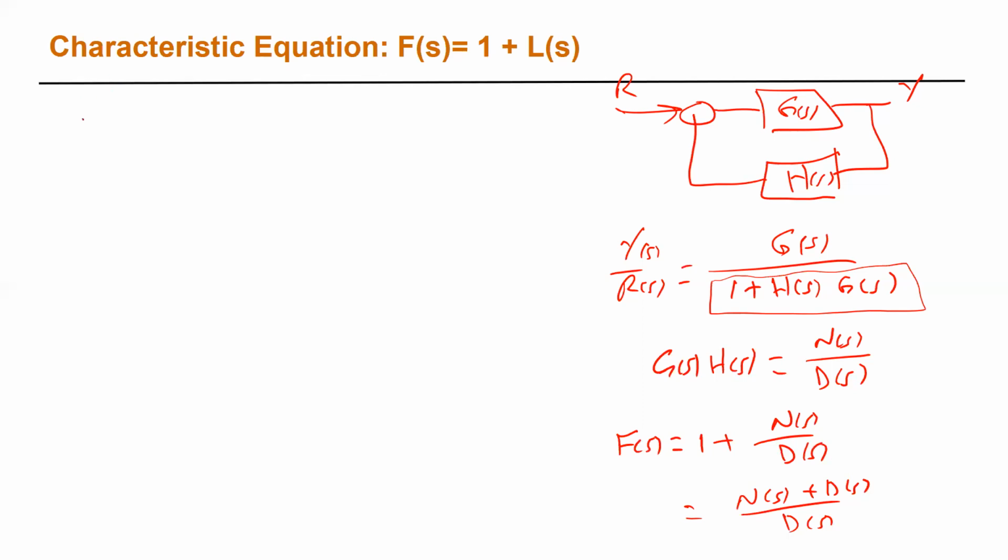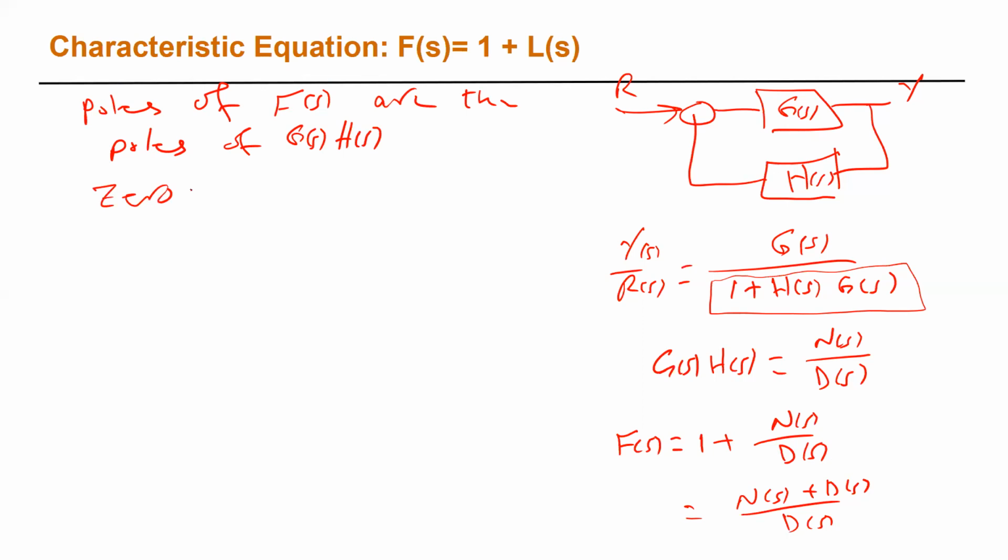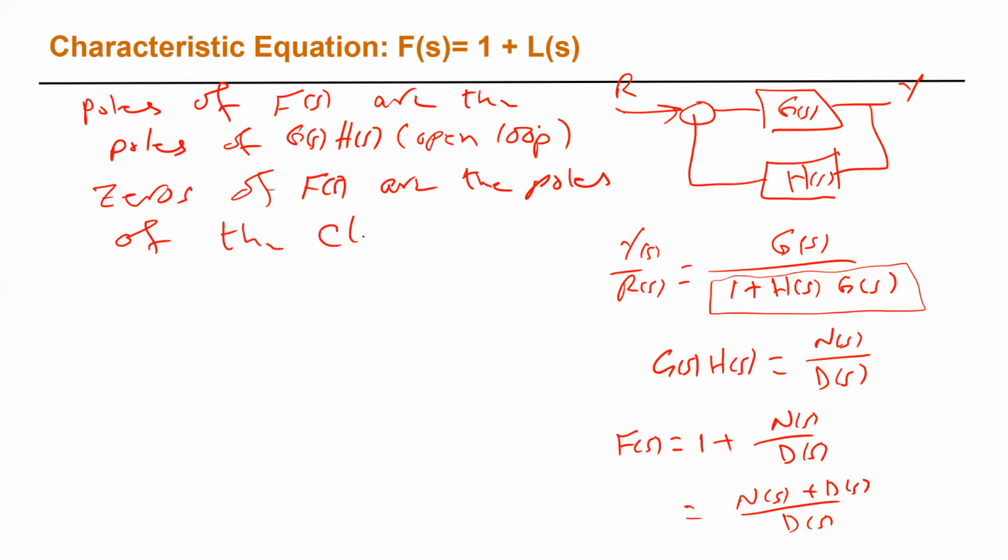So the poles of F of S are the poles of G of S, H of S, so this is open loop. Zeros of F of S are the poles of the closed loop system.